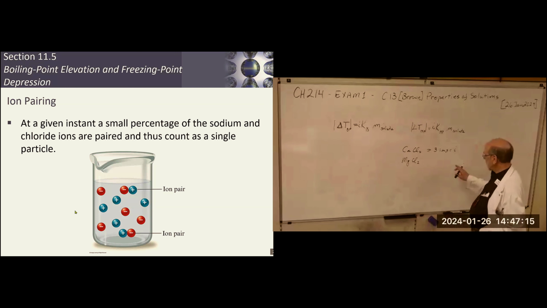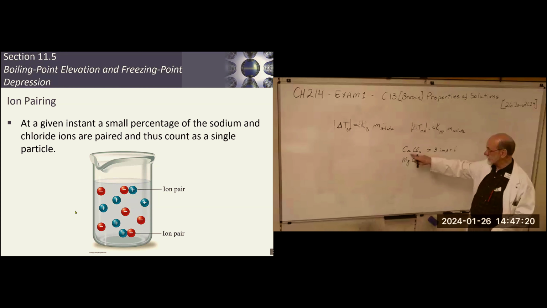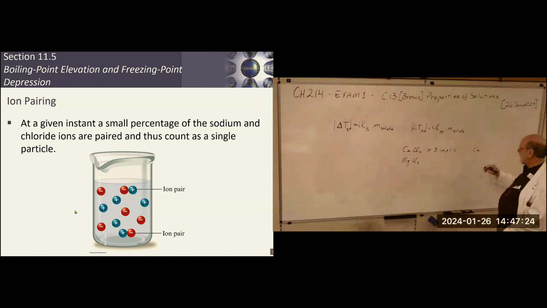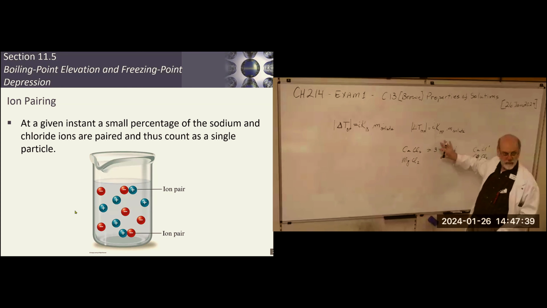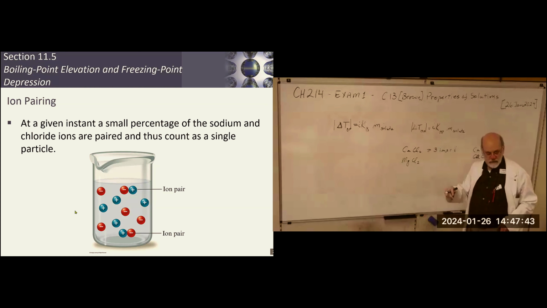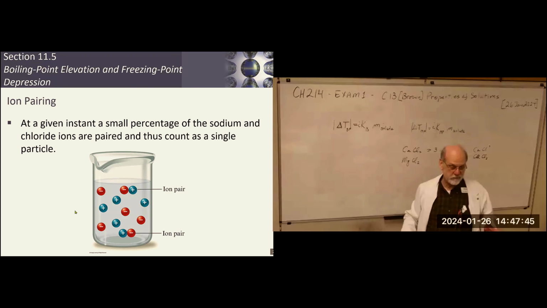So we might think that the van 't Hoff factor would be 3 for this molecule. But if you get calcium and chlorine combining, so that would be a +1, or calcium and 2 chlorines, that would be neutral. That decreases the number of ions in solution. That ion pairing decreases this value. So instead of 3, it might be 2.8, something like that.